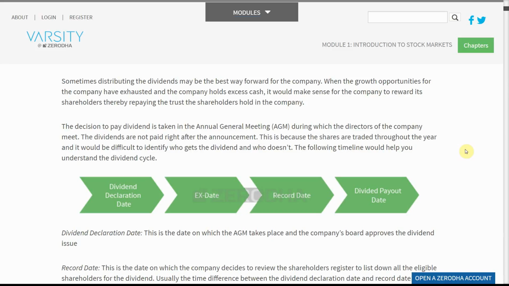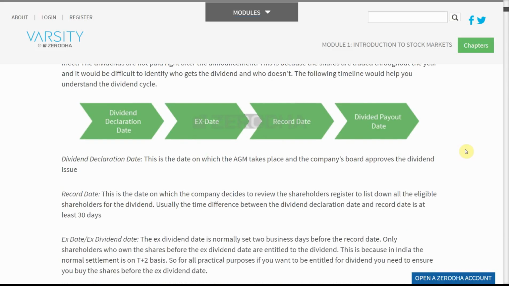This is because the shares are traded throughout the year and it would be difficult to identify who gets the dividend and who doesn't. The following timeline would help you understand the dividend cycle. Dividend declaration date. This is the date on which the AGM takes place and the company's board approves the dividend issue. Record date.